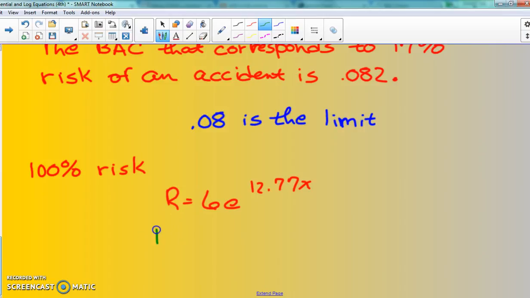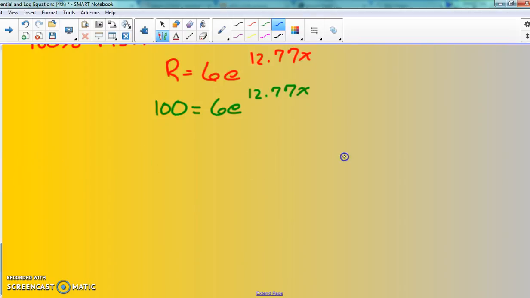Hopefully there's a shortcut that we can do for this one, but we're going to substitute 100 for R, because that's 100% risk. Let's go ahead and solve this out really quickly. There's also a quick thing that you could do, but I'm not going to tell you. Hopefully you might see it at the end. If you don't, it's okay. If you do, it means you can have a shortcut for this.